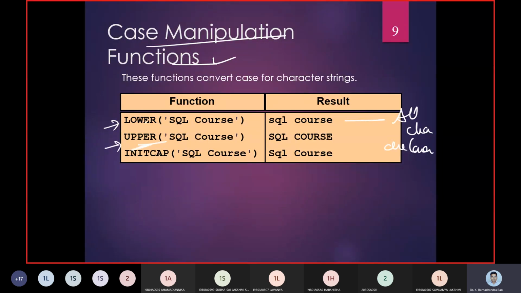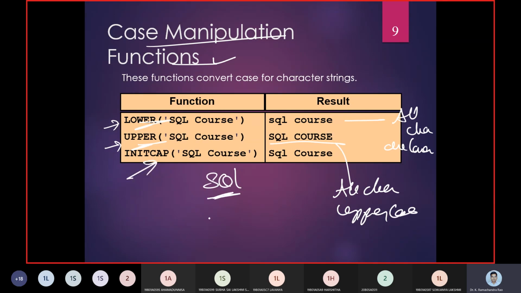Then we are going to have upper here, then all the characters are going to be in uppercase. Then INITCAP: now you can see S, Q, L, all are uppercase. This is bringing S, then course, then it is going to have C as an uppercase letter. So that is how INITCAP is going to work. So these are all the case conversion functions.